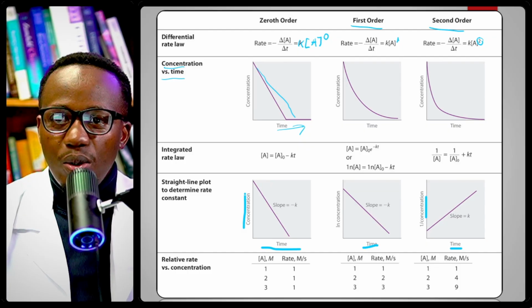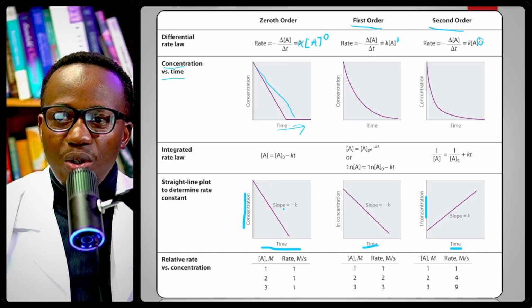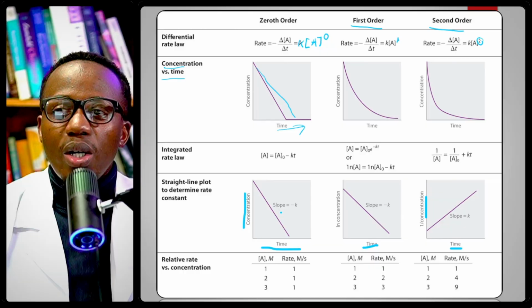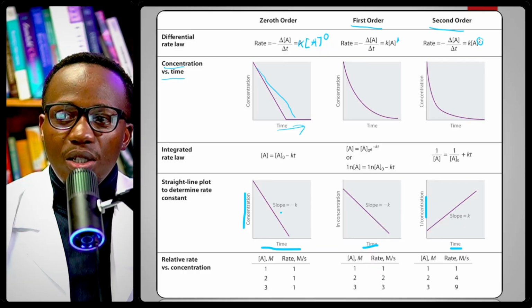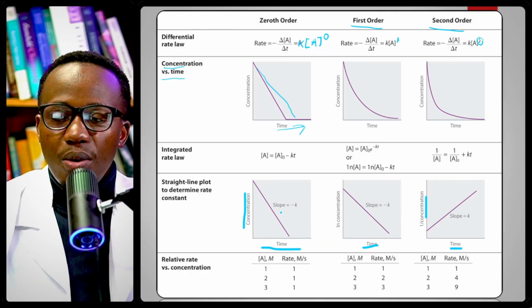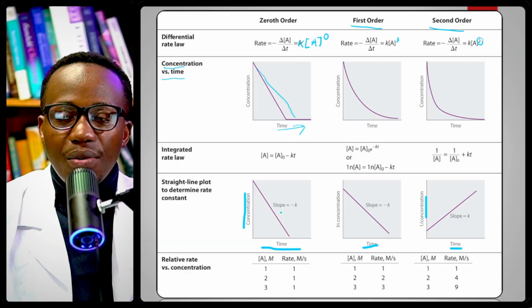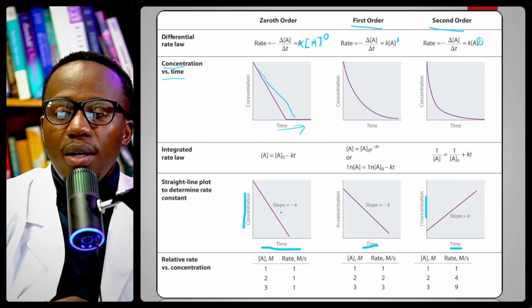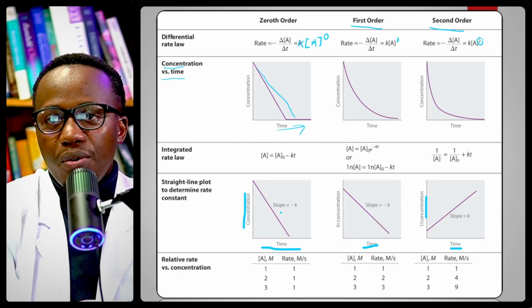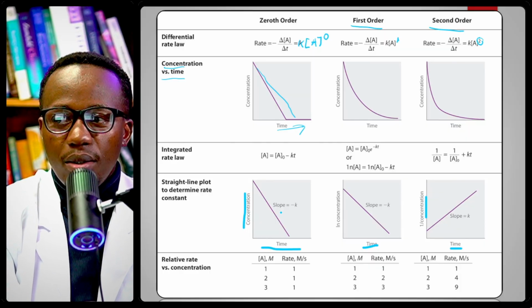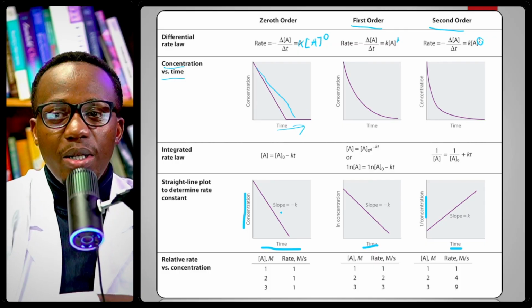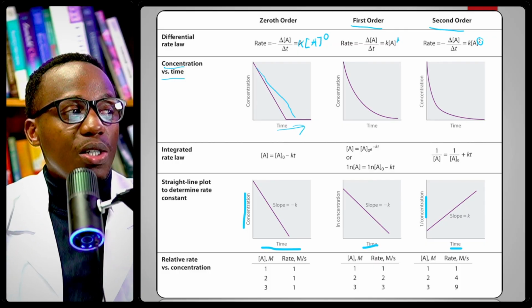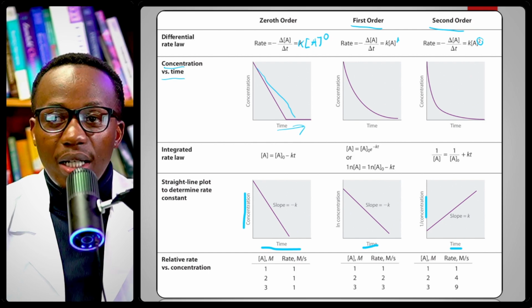So that's what I want you to do in Excel. You're going to measure time and concentration, and from that and the graphs, you're going to tell me what order the reaction is. That's the first part of our experiment, the first part of our calculations.